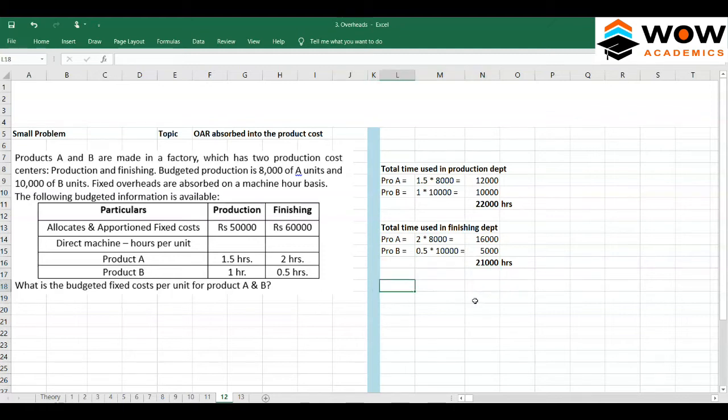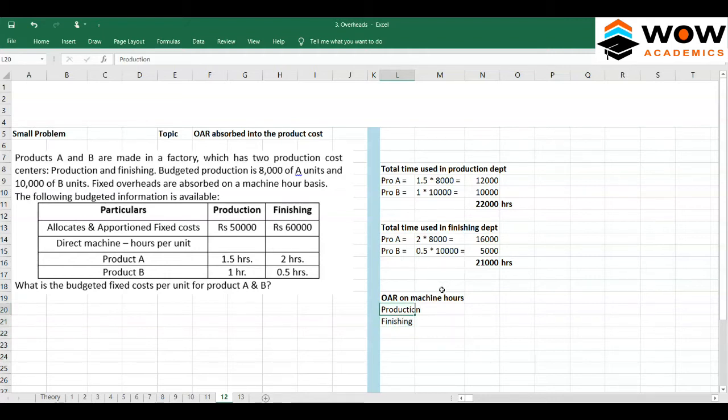Now the question they are asking is the per unit overhead rate for both A and B separately. So we have to find the OAR, the overhead absorption rate, on the basis of machine hours. For that we have two departments here, the production department and the finishing department.